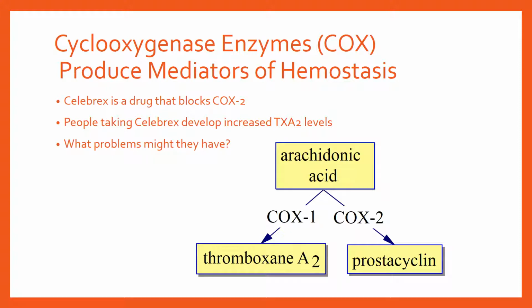Cyclooxygenase enzymes act on the products of metabolism of arachidonic acid, and actually they result in the production of mediators of hemostasis. A good example of this is Celebrex, a non-steroidal anti-inflammatory drug that blocks the production of COX-2, or is a COX-2 inhibitor, which may reduce the inflammation secondary to arthritis, and as that occurs, the pain secondary to arthritis decreases.